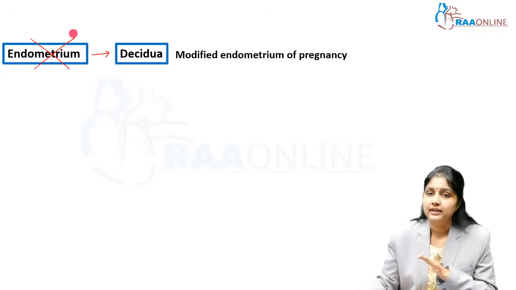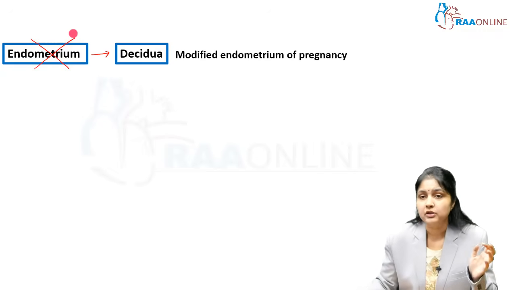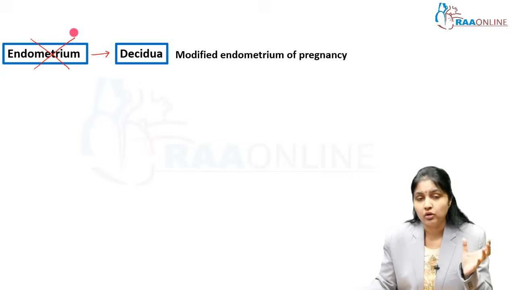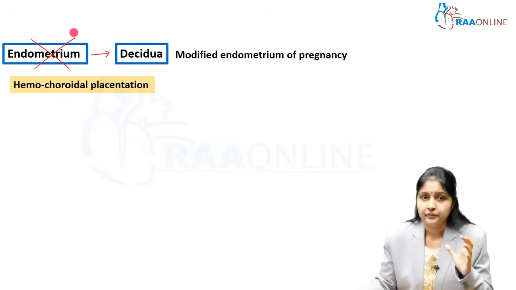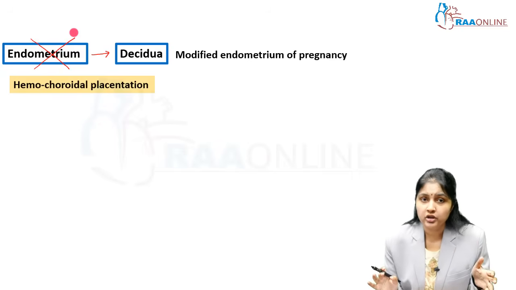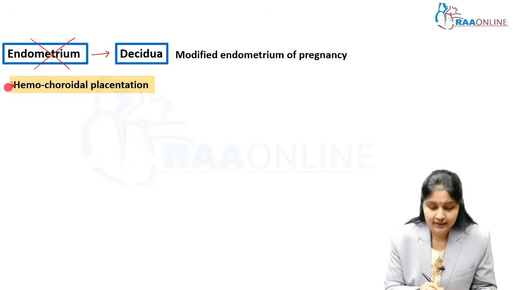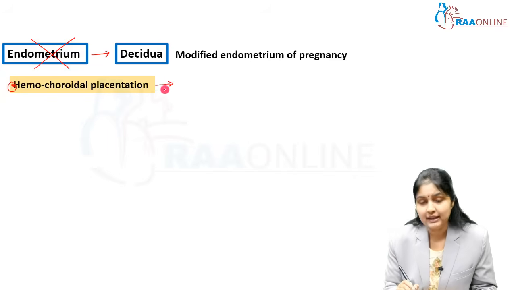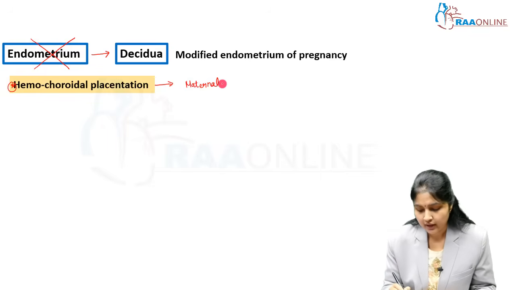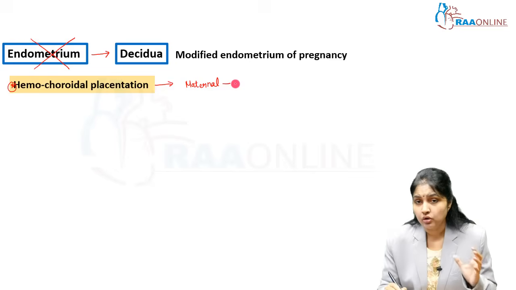Now decidua is nothing but a modified endometrium that you see during pregnancy, and this decidua is given a different name depending on which part of the uterus or the embryo it covers. This decidua helps in the formation of the human placenta, which is described as hemochoroidal placentation, which means it facilitates the interaction between the maternal blood, which is the hemo, and choroidal, which is the chorion or the chorionic villi, which is formed from the trophoblast.